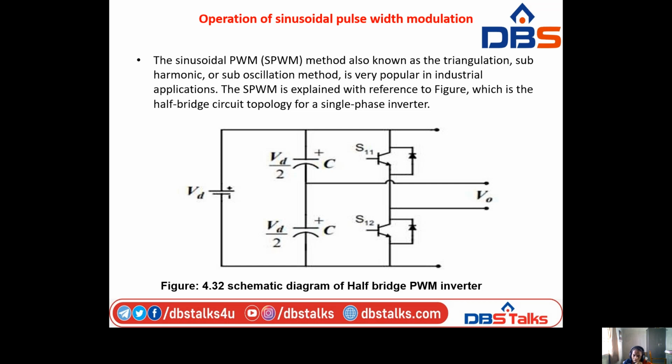Here S1 and S2 are transistors, each with a diode connected across it, and capacitors are connected on both sides. The output is V naught. So the sinusoidal PWM method is obtained by using a single phase half bridge PWM inverter.